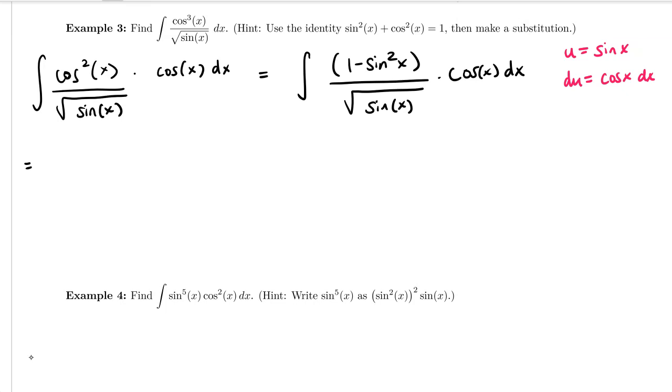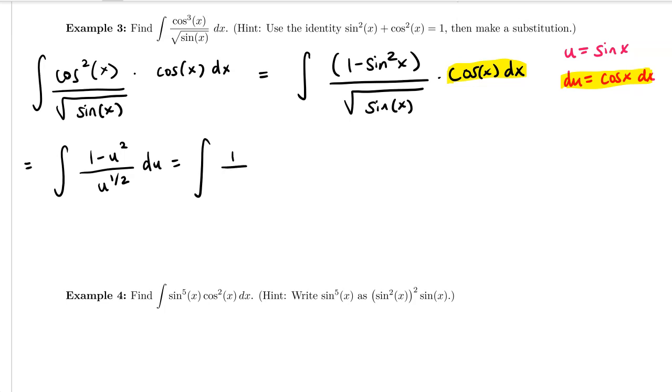So now this is equal to 1 minus u squared over the square root of u, which I'm going to rewrite as u to the 1/2 power. And then I know that cosine of x dx is equal to du, so I'll sub that in. And now what I want to do is split this up into two fractions.